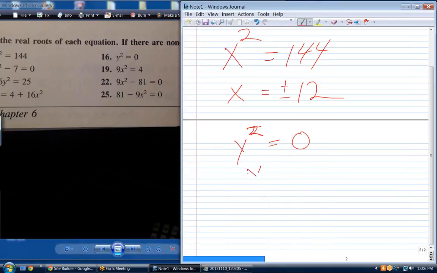So it's just y equals plus or minus 0. Exactly. Only that's the same as 0, because plus 0 is the same as minus 0. Mm-hmm. Okay.